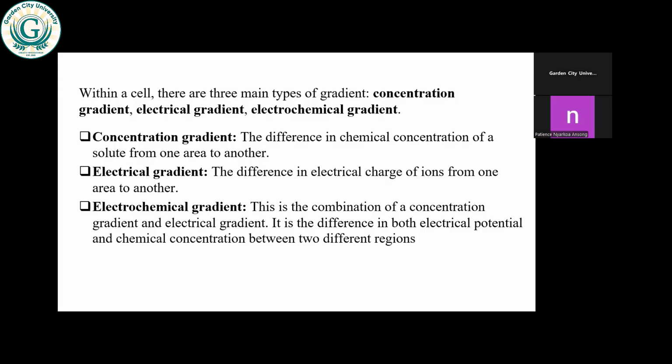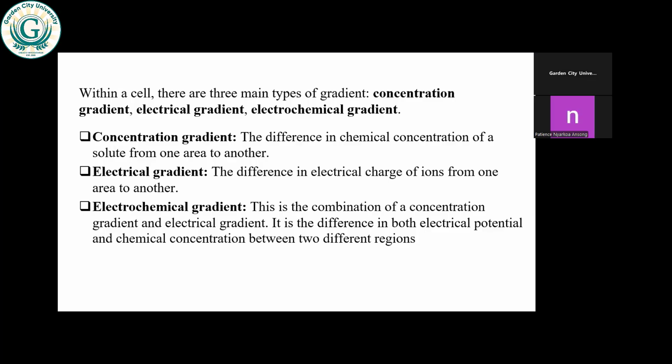Then we also have electrical gradient. That is with respect to ions. So for example, sodium ions. Outside the cell, you can have about, let's say, 10 sodium ions. Then you have 5 sodium ions inside. Here we are looking at the charges. Sodium is +1, so you have 10 plus outside, then you have 5 plus inside.